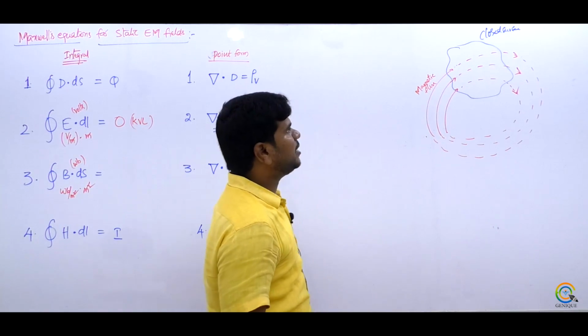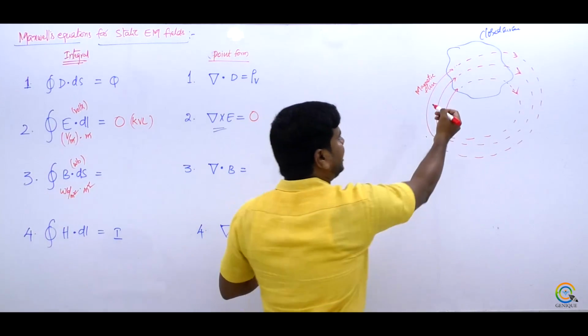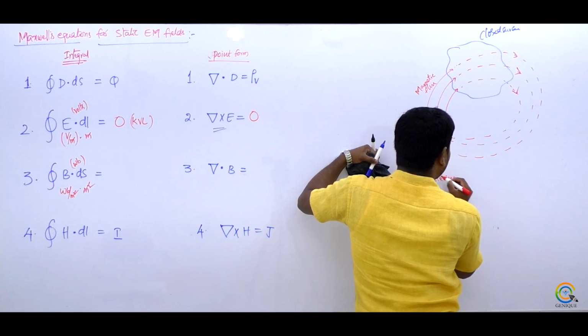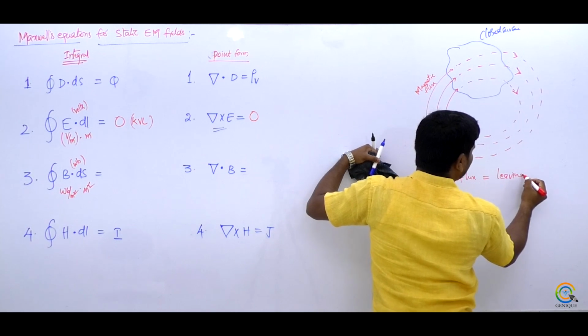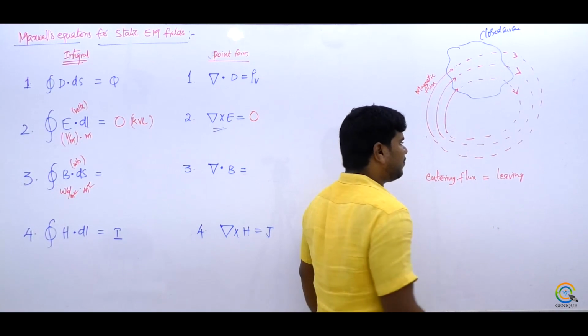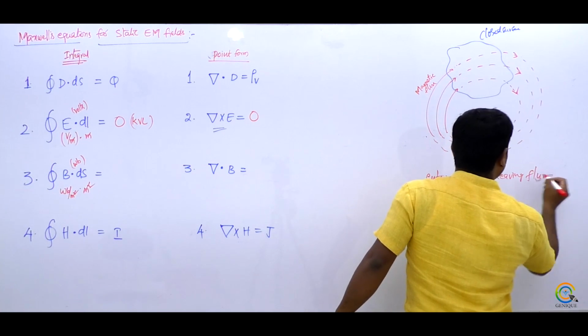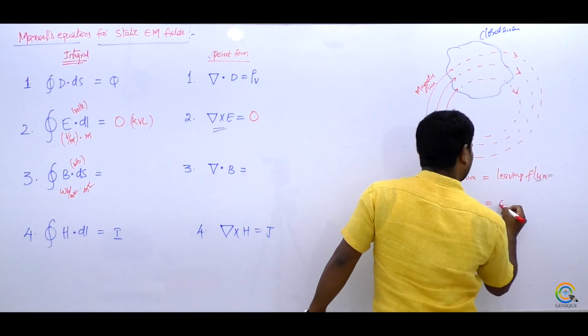So what is the net magnetic flux within the closed surface? The entering flux is equal to the leaving flux, so the net flux is equal to 0.